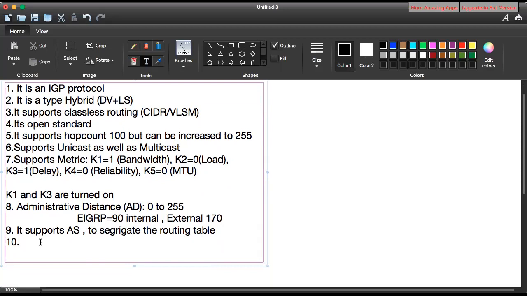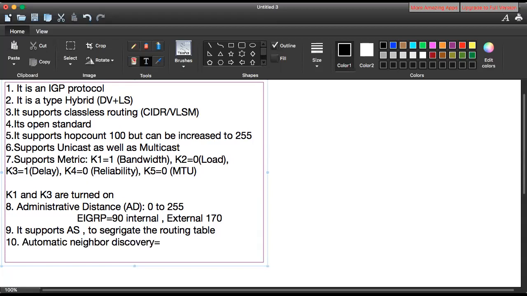Apart from the other points we have discussed in EIGRP, I would say automatic neighbor discovery. What does that mean? That means neighbors are discovered in EIGRP automatically. How?